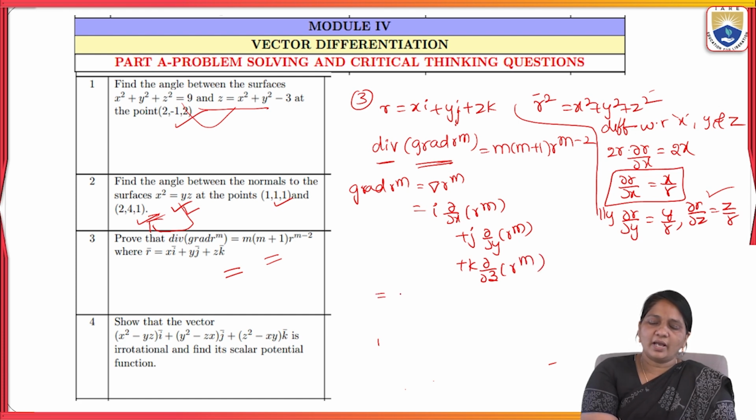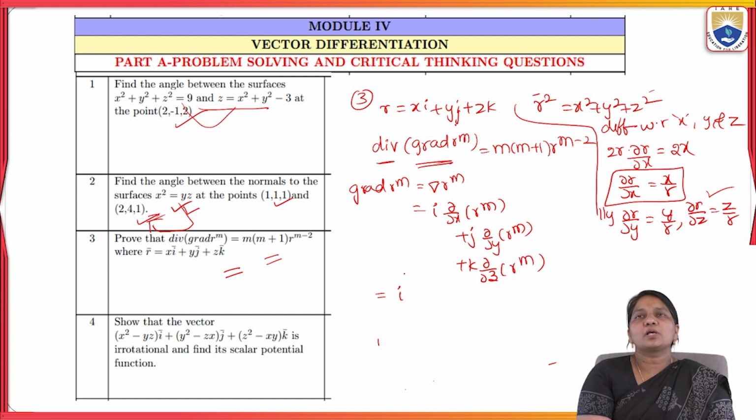So here i into dou by dou x of r power m means m into r power m minus 1 into dou r by dou x.